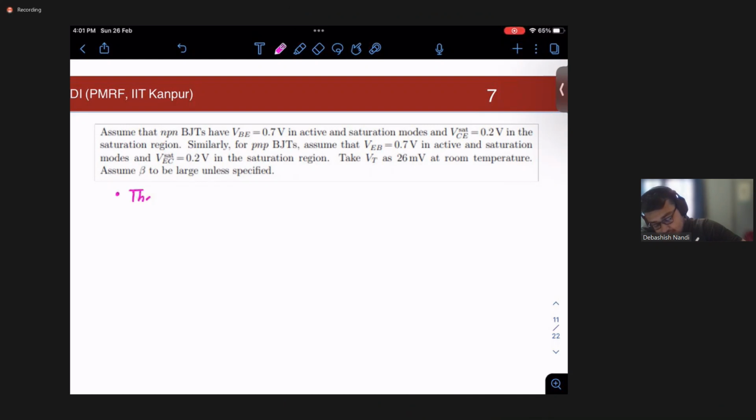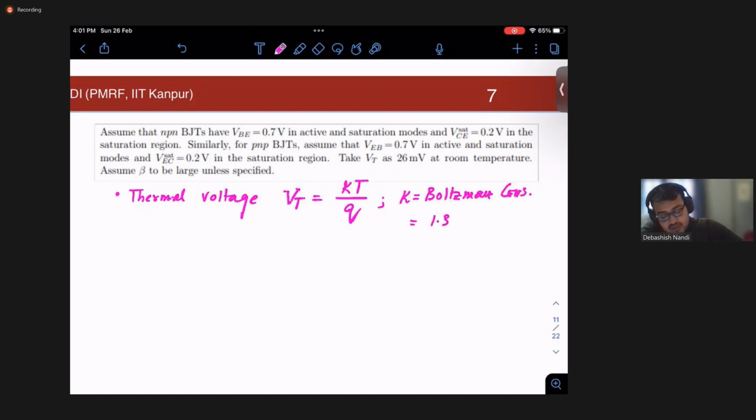Your thermal voltage VT is nothing but kT by q, right? So you can convert it to any voltage of your liking. k is the Boltzmann constant, which is 1.38 times 10 raised to minus 23 joule per Kelvin.